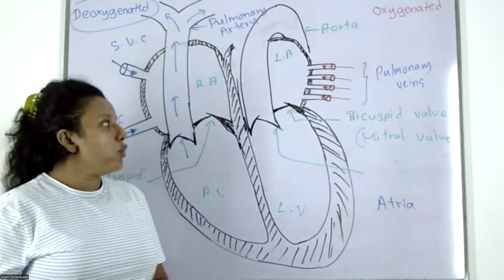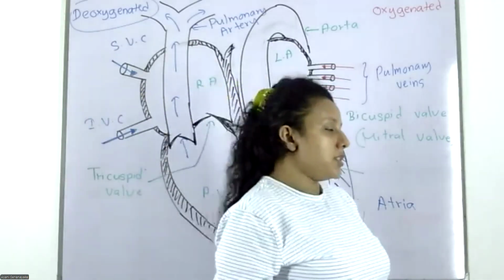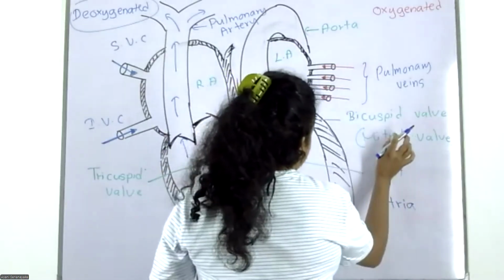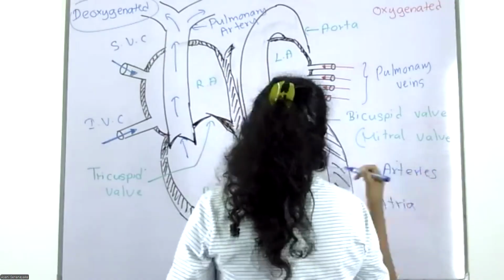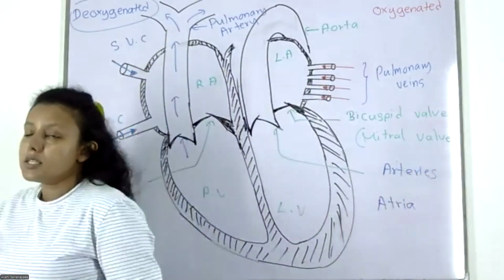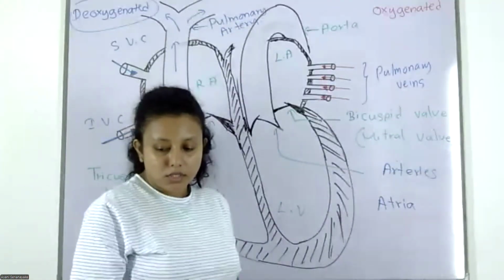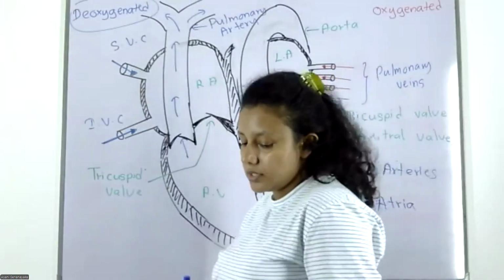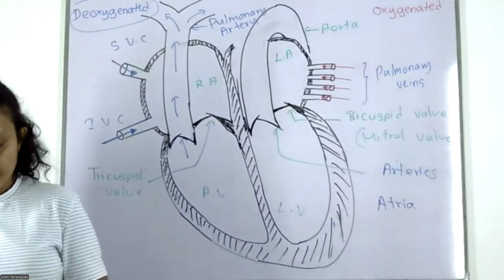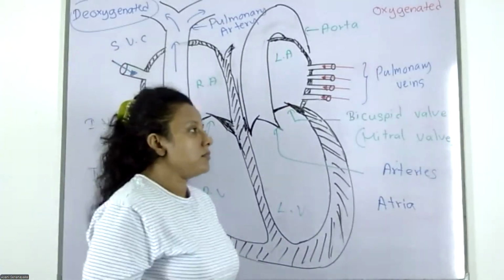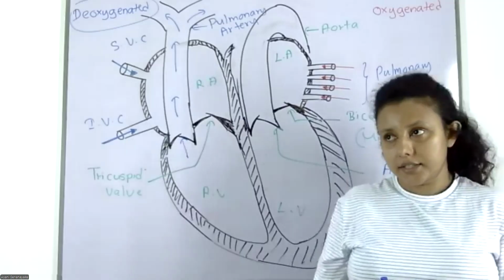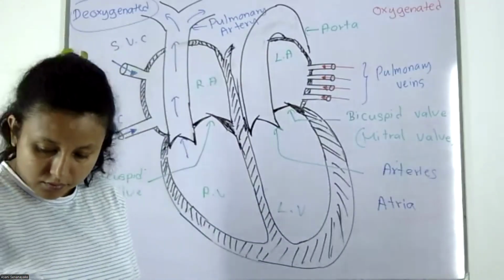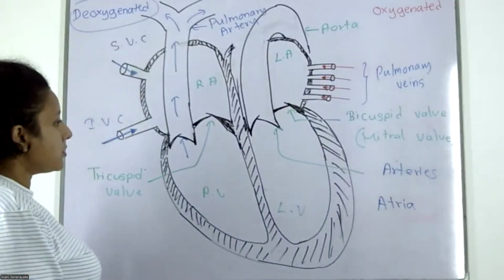There are two main arteries that start from the heart.